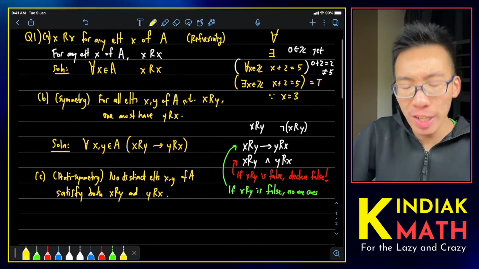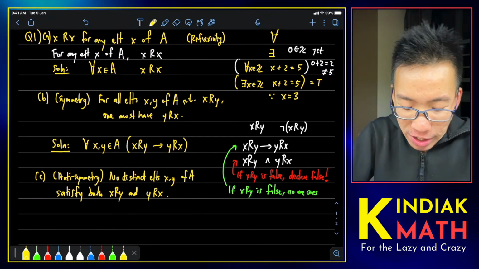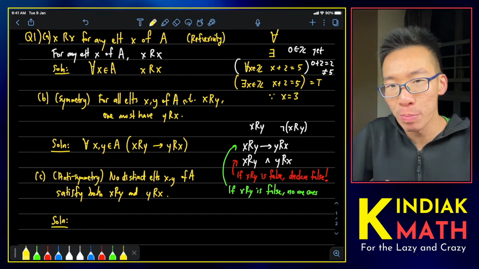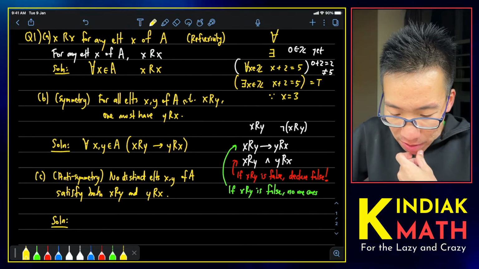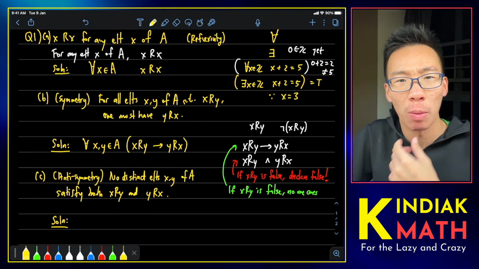If you've already learned anti-symmetry, of course you can just copy and paste the definition. But if we do not know anything about anti-symmetry and we need to interpret this statement, then it's a little tricky. How exactly do we go about it?